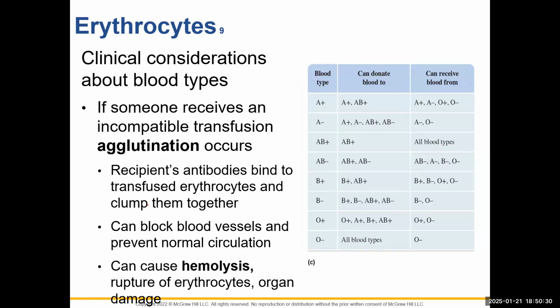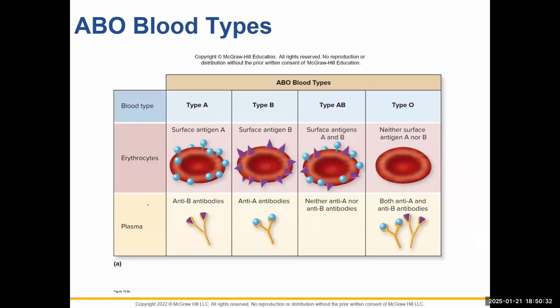So if we go back to our chart, I am A positive. I carry these anti-B antibodies, so I do not want to get blood from any individual that has that type of surface antigen.